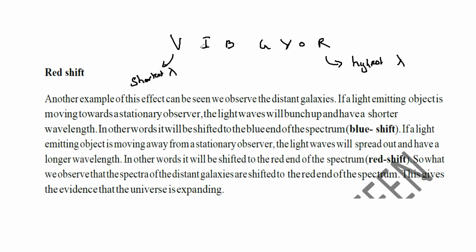Now, what is the concept of a red shift or a blue shift? Basically, the major composition of stars or galaxies is hydrogen, helium, and other elements. Say we are in a lab on Earth. Every element has a unique spectrum, which is called a line spectrum.